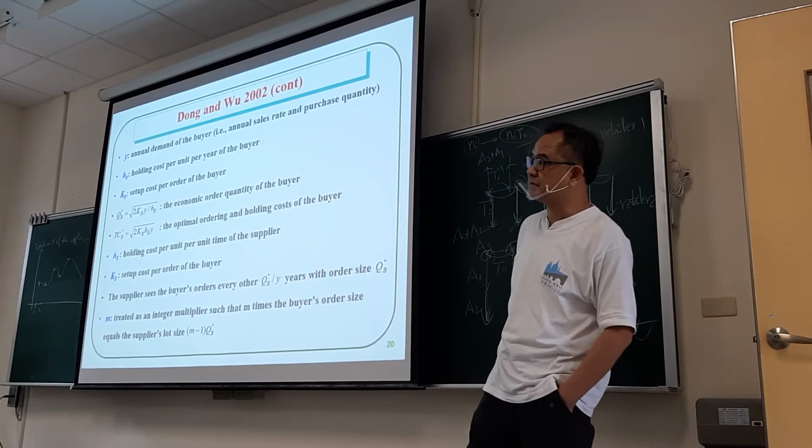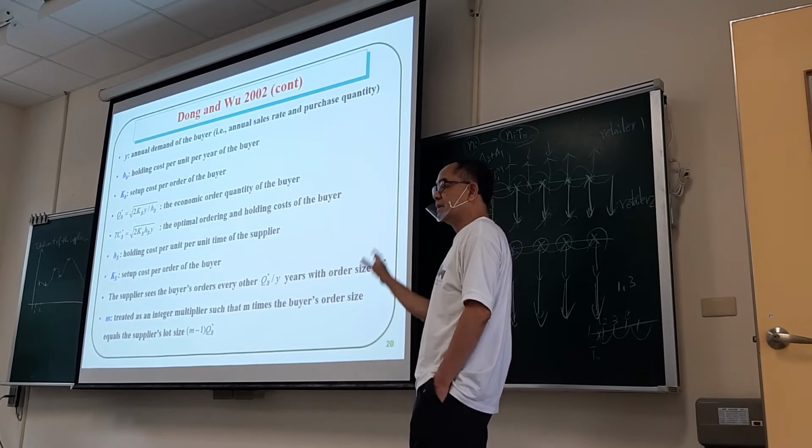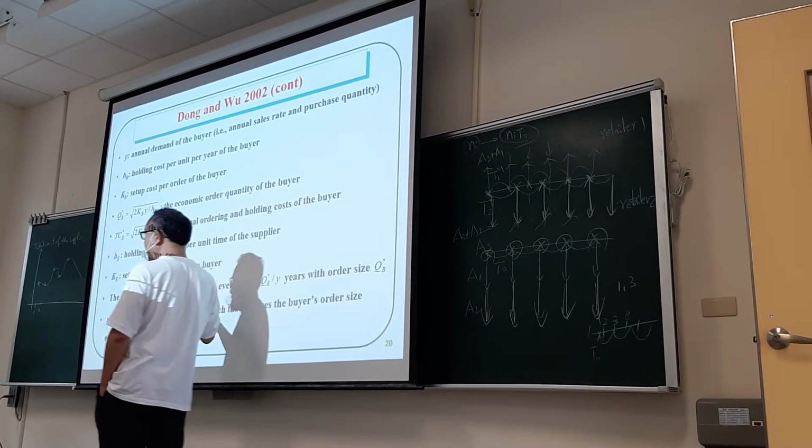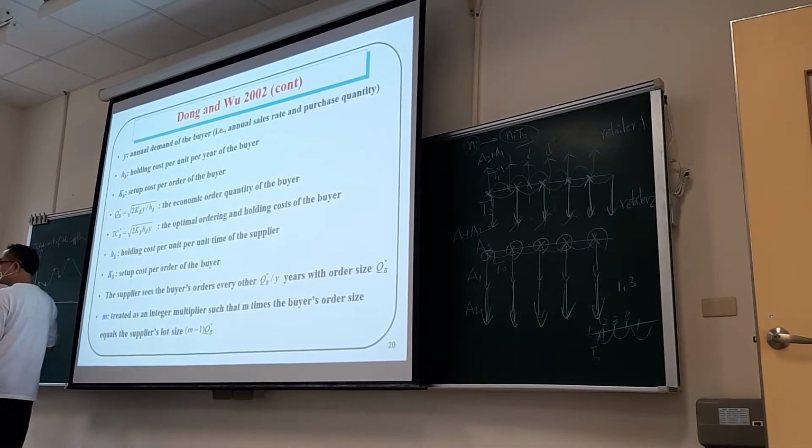Back to 1976, because there's an integer multiplier times the downstream orders.